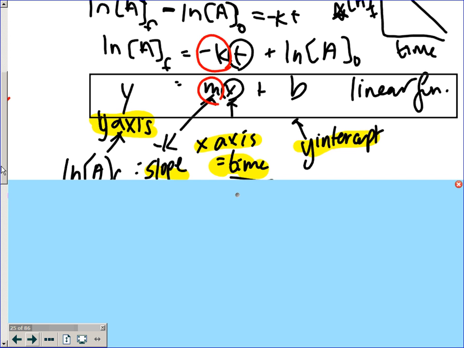But if I have to solve for my own half-life equation, I should be able to do it based on the definition. What's the definition of half-life? One more time. The time it takes for the concentration to go down by half.